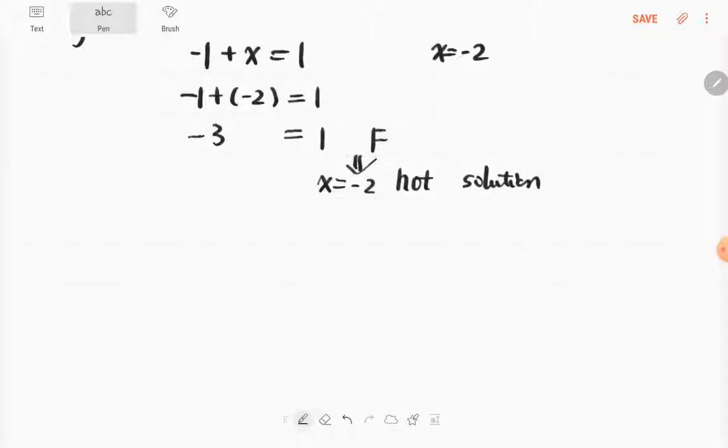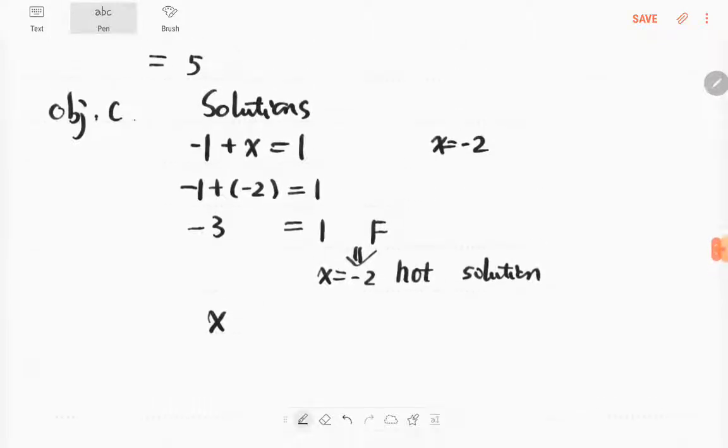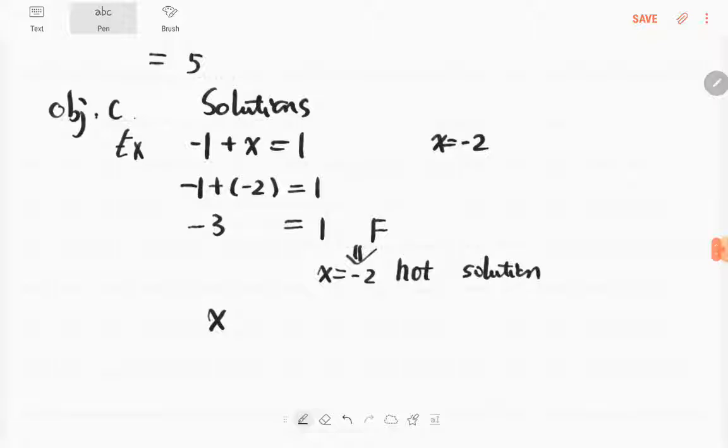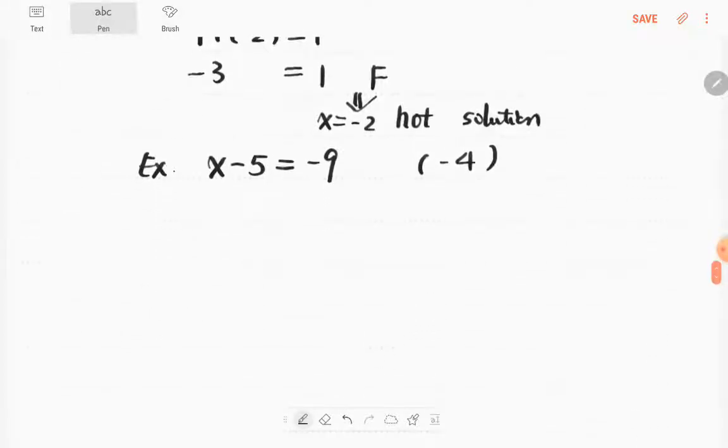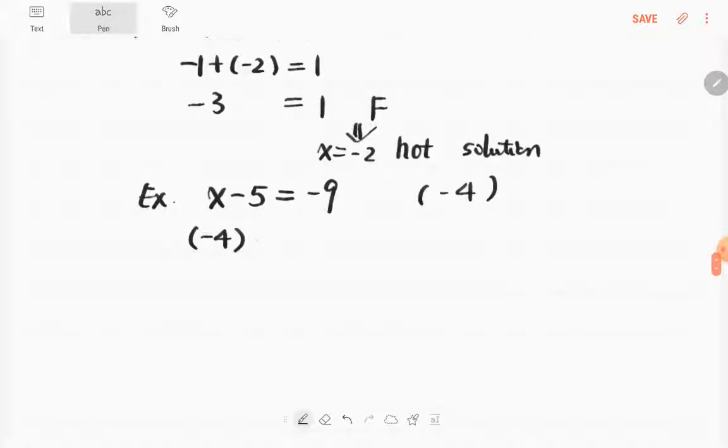We can try another one. If we have this equation, x minus 5 equals -9, and we want to test if -4 is the solution of this equation. So first, we always use the number to replace the letter x.